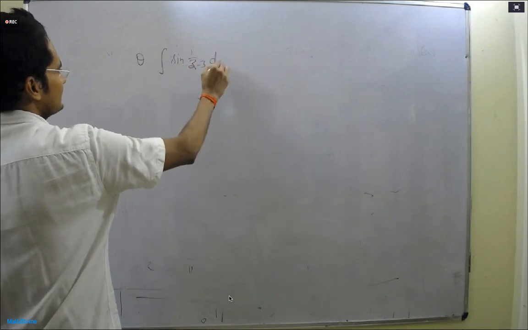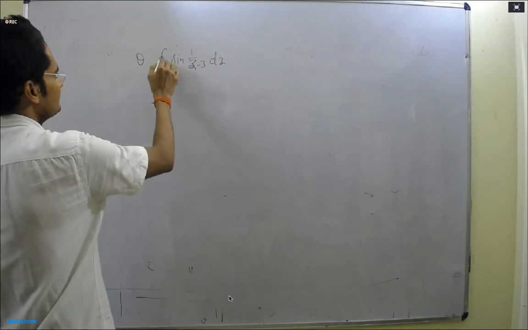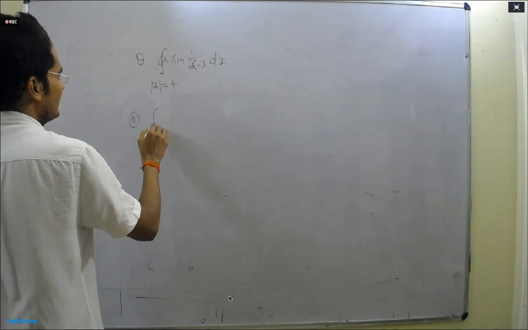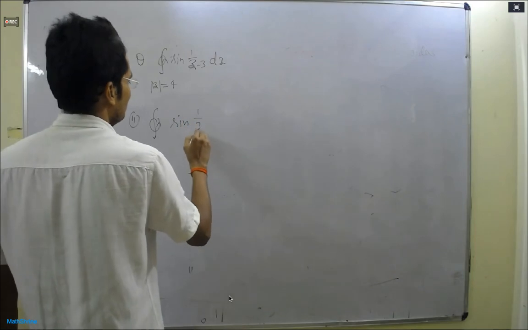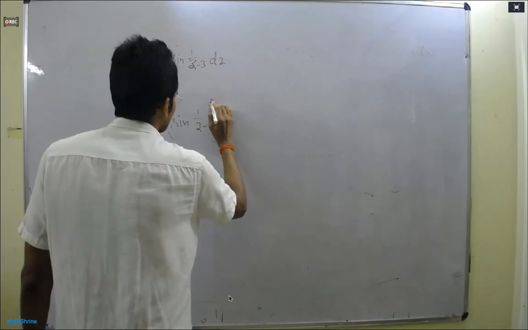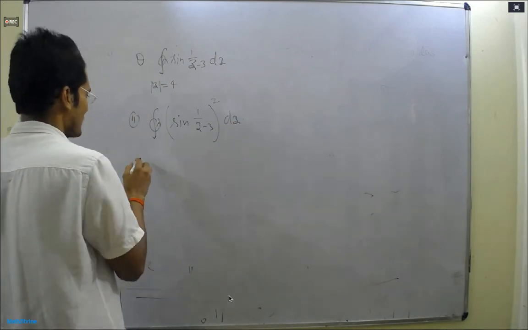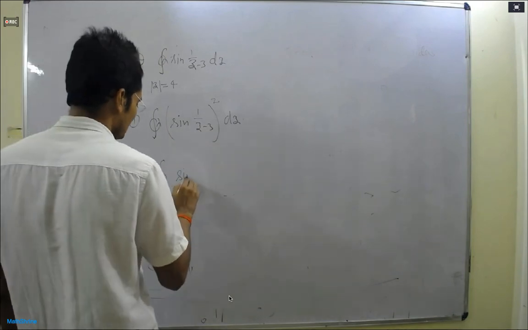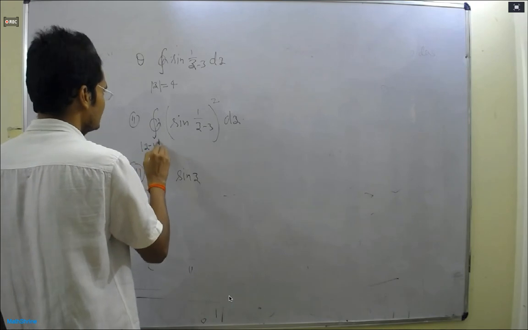Second, the integral of sine 1 upon z minus 3 whole square. The third, the integral of sine z, with mod z minus 4 is equal to 5, dz, into mod z is equal to 1.